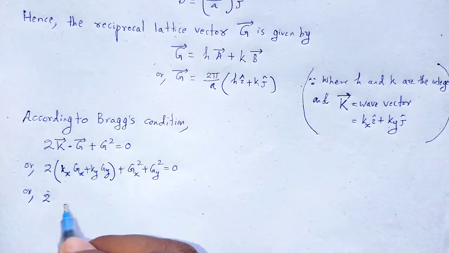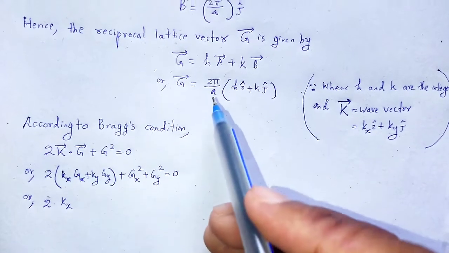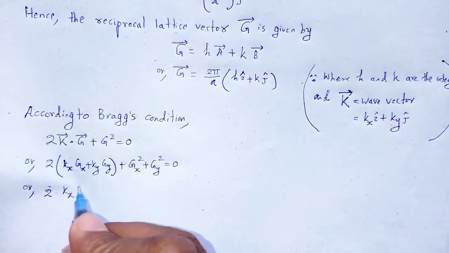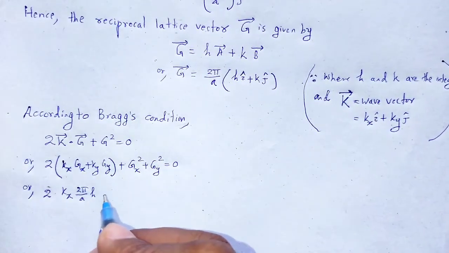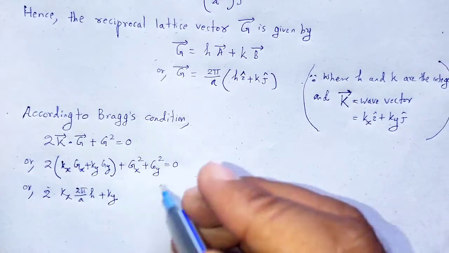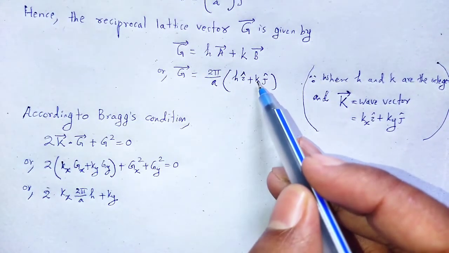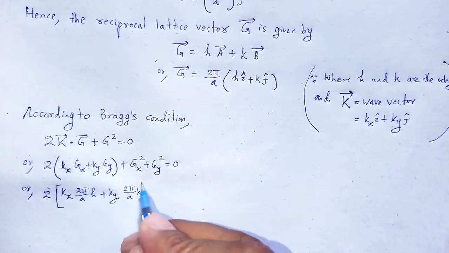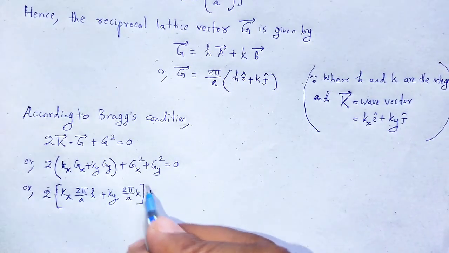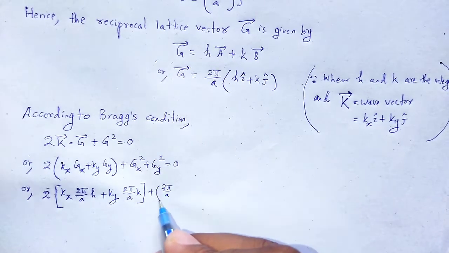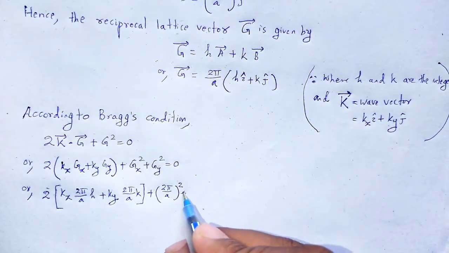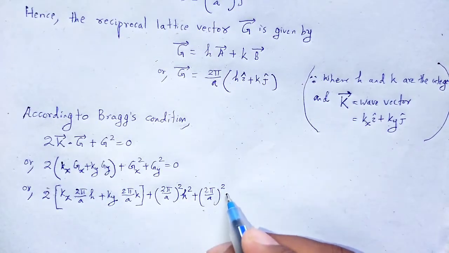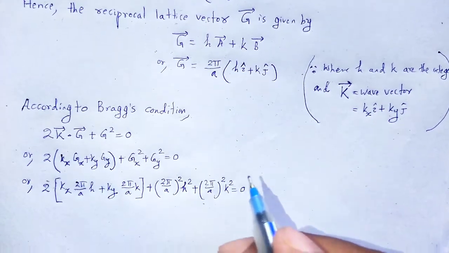Or 2 as common, kx times the value of gx, that is 2 pi by a into h, plus ky times the value of gy, 2 pi by a into k, plus the value of gx, 2 pi by a whole square, h square plus 2 pi by a whole square k square is equal to 0.